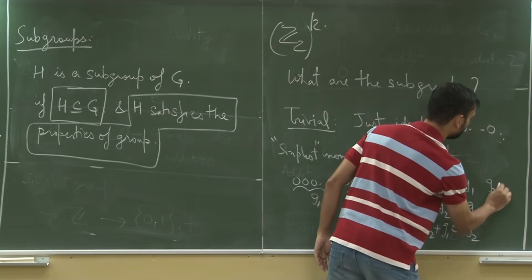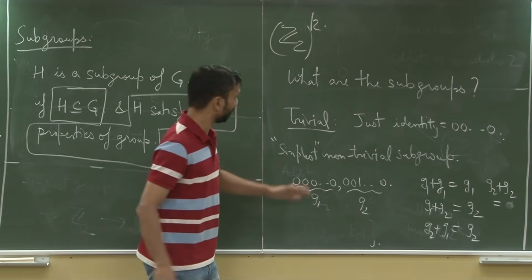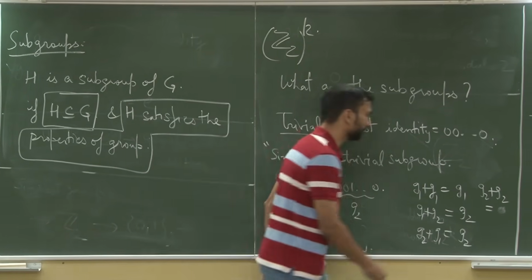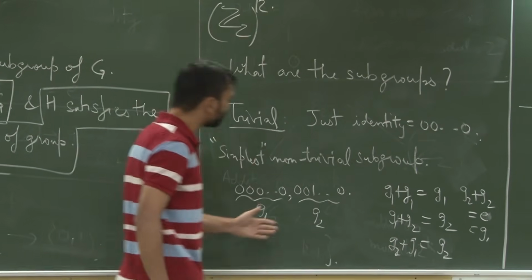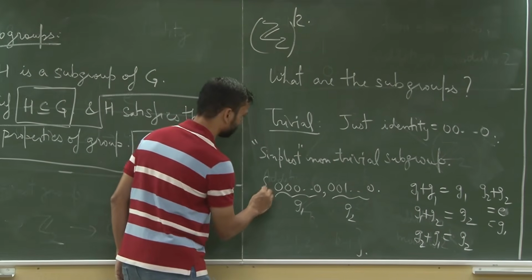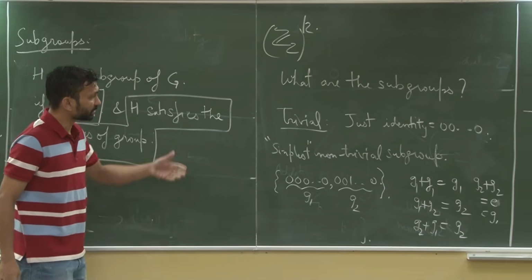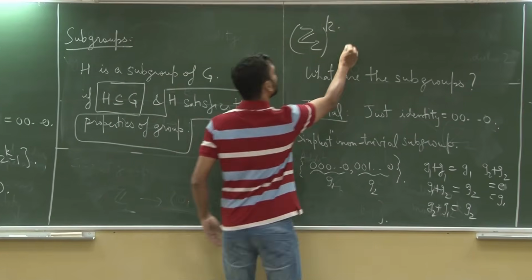And since this is Z2 to the power k, every element is order 2, that means G2 plus G2 is the identity, or G1. That means we don't have to add any more elements to find a subgroup. This is already a subgroup of our big group Z2 to the power k.